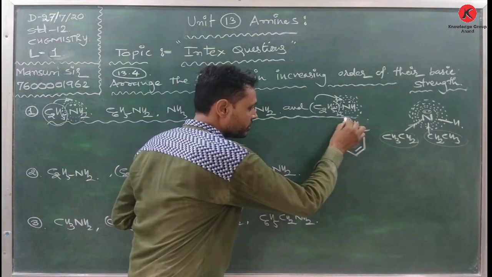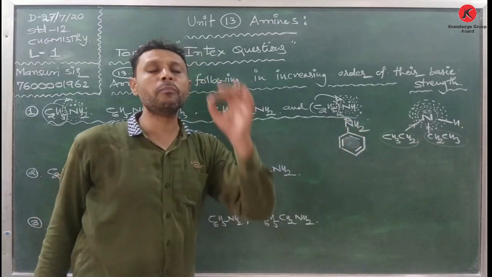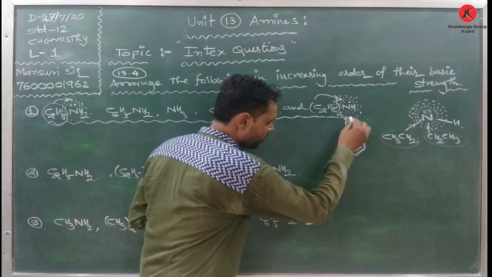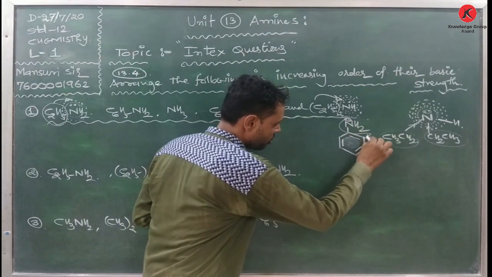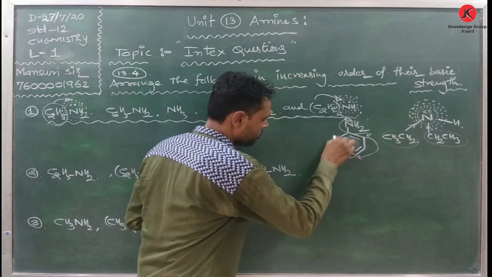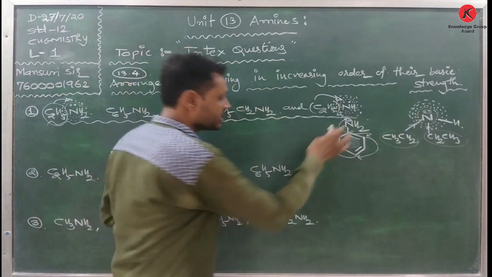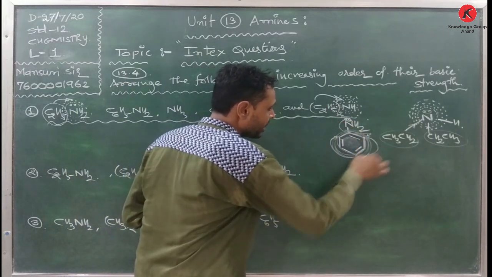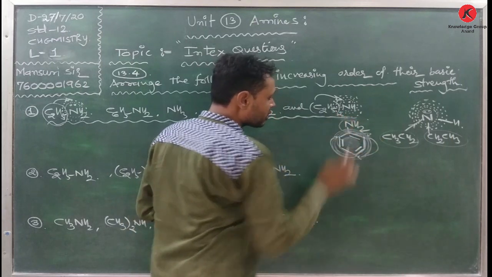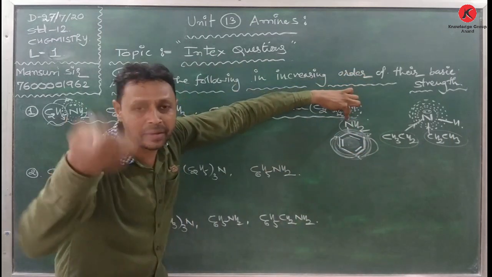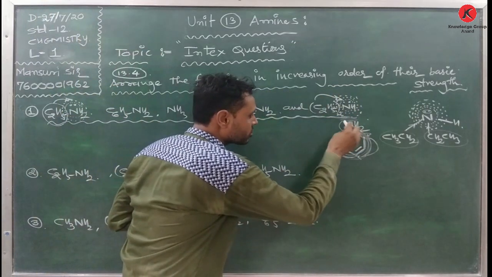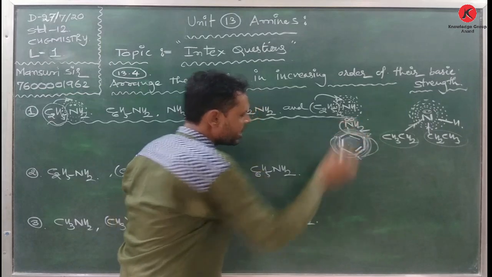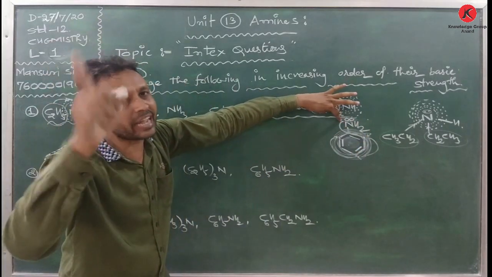So the lone pair of electrons on nitrogen will be delocalized on the ortho, para and ortho positions. Due to this delocalization, the electron density on nitrogen will be decreased. All the electrons go toward the benzene ring. That is why electron density will be decreased on nitrogen.